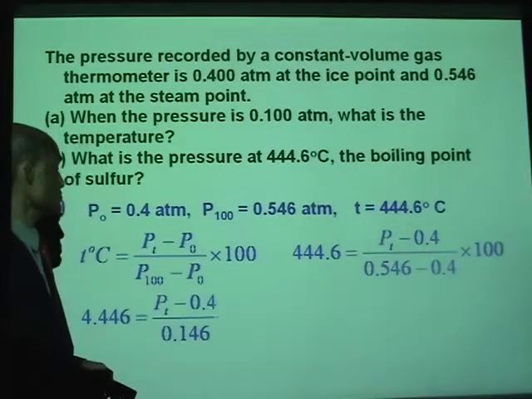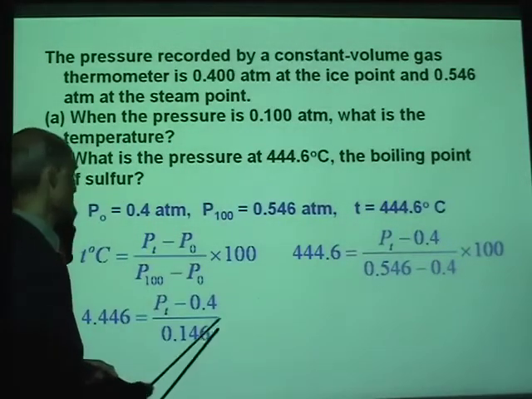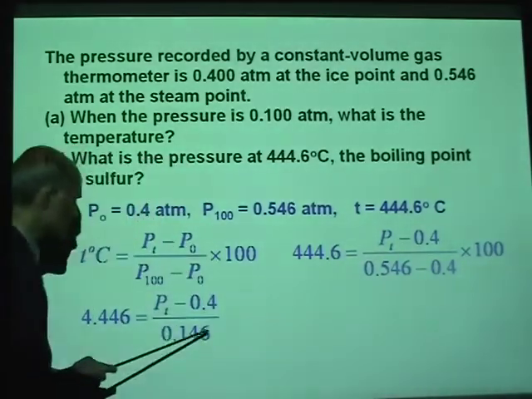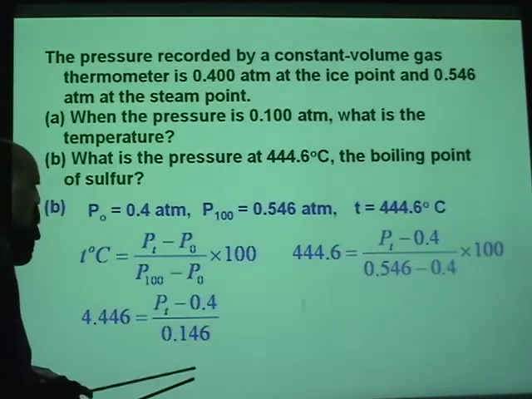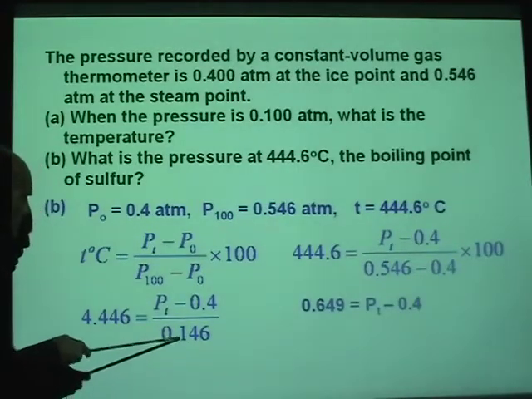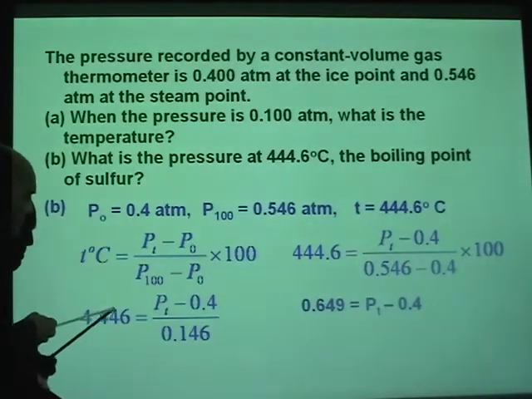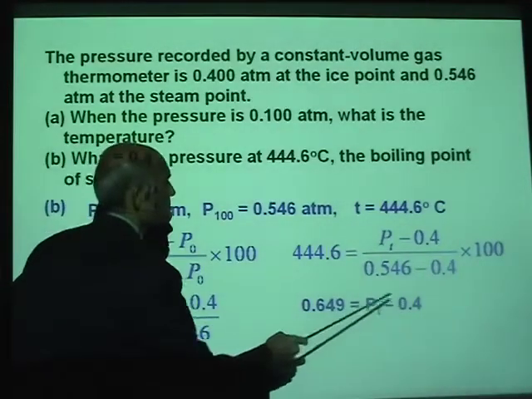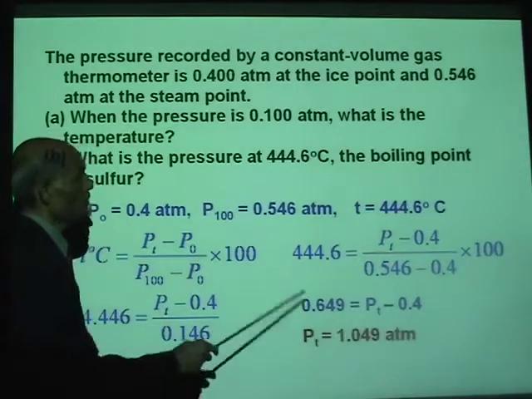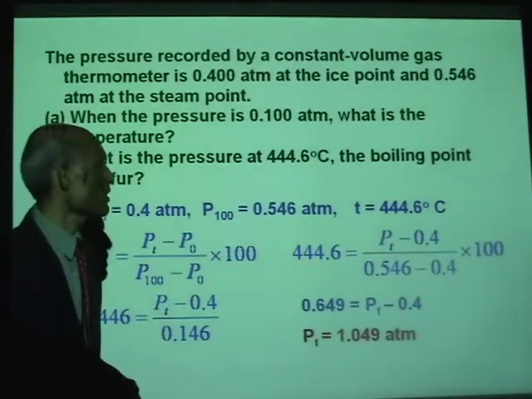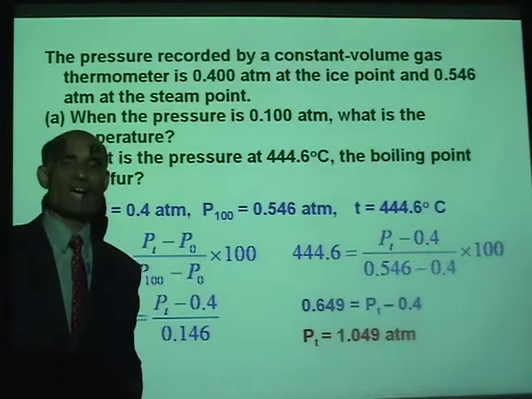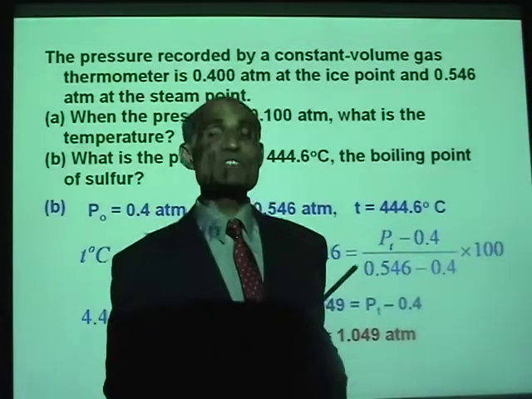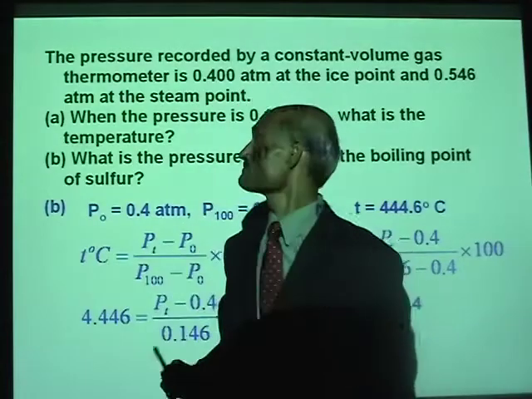Again, I'm going to ask you to do that on your own. I think I have worked that out for you. Simplify the denominator, that gives me this. And now cross multiply, this multiplied by that will be 0.649 is PT minus 0.4. Therefore, PT equal to 1.049 atmosphere.